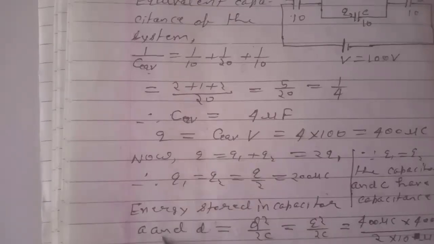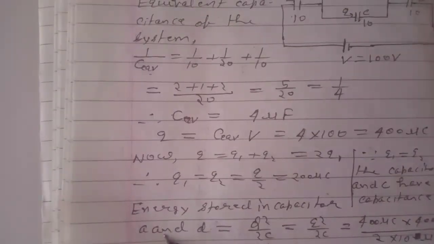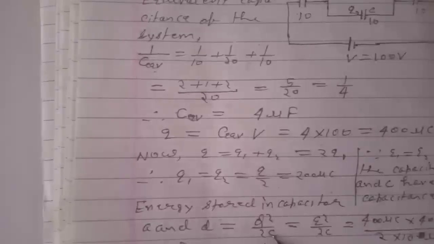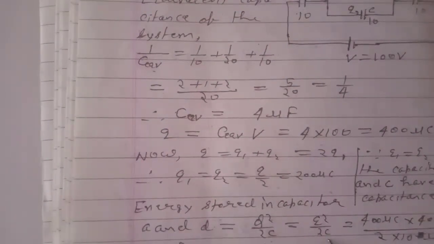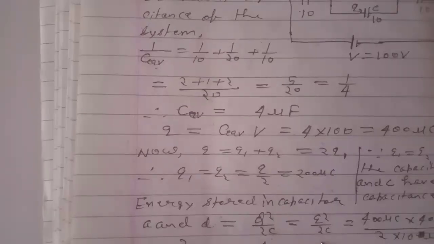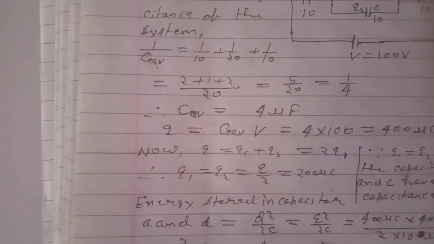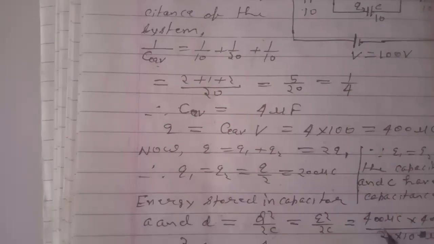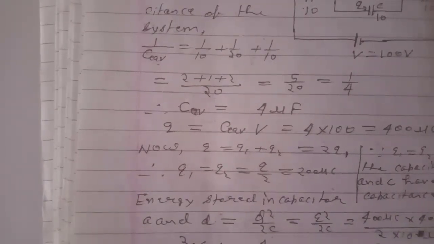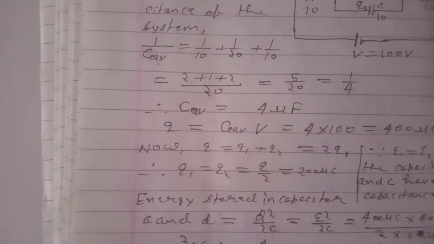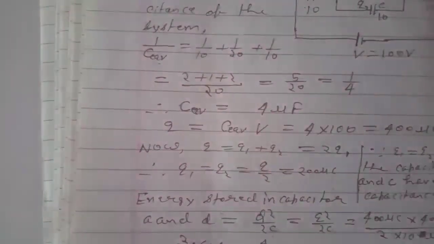Energy stored in capacitors A and D will be Q square by 2C, or 400 microcoulomb into 400 microcoulomb by 2 into 10 microfarad. Solving we get 8 millijoule.